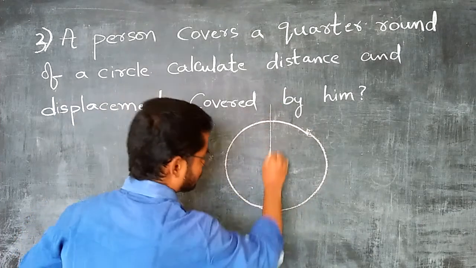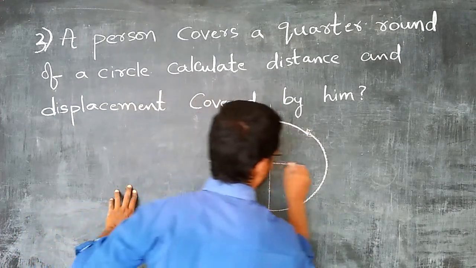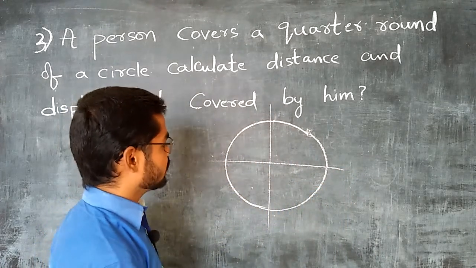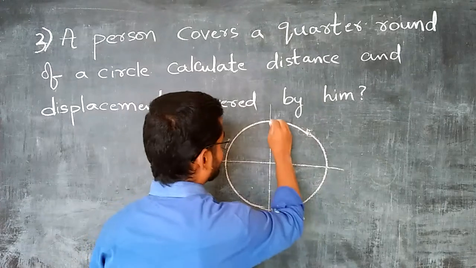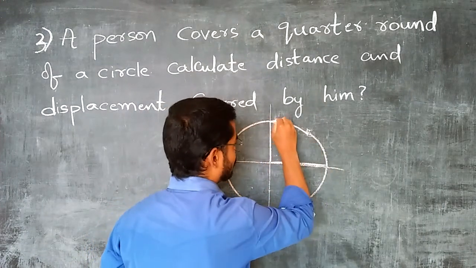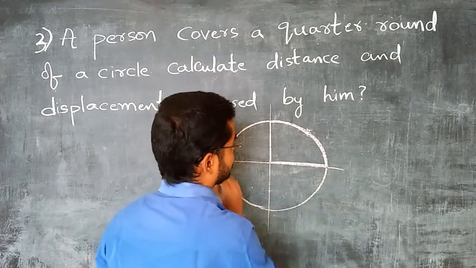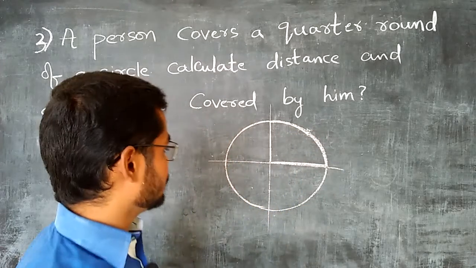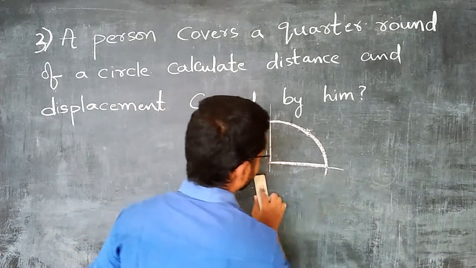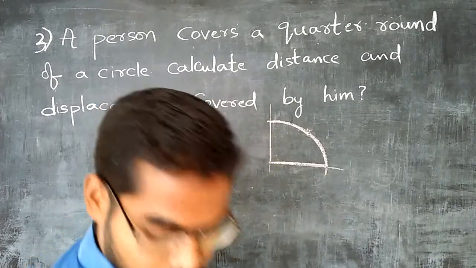If I divide it into 4 equal parts, then this part is the 1/4 part of the circle. So they are asking a question based on this.